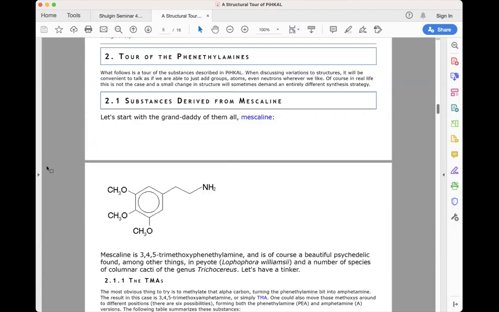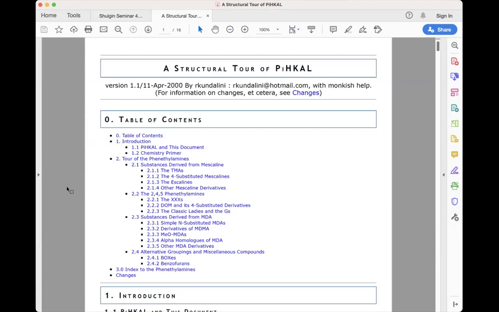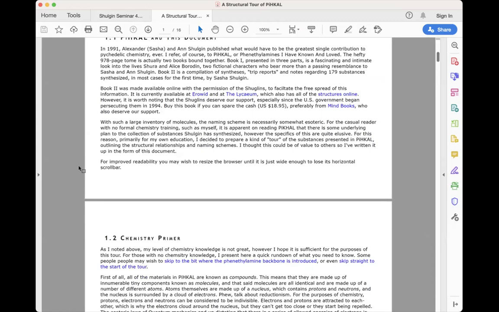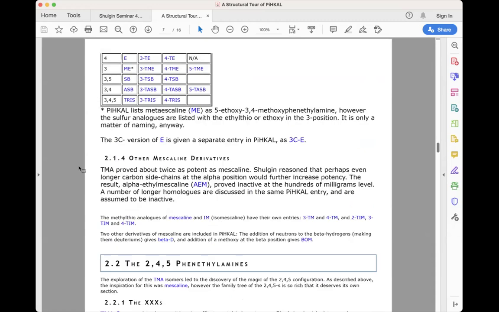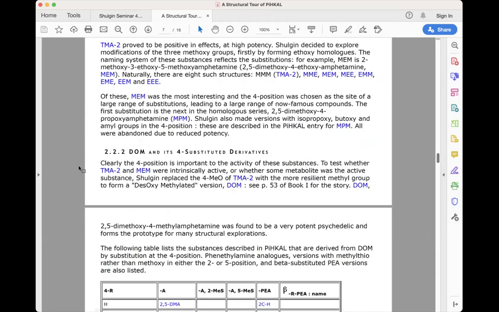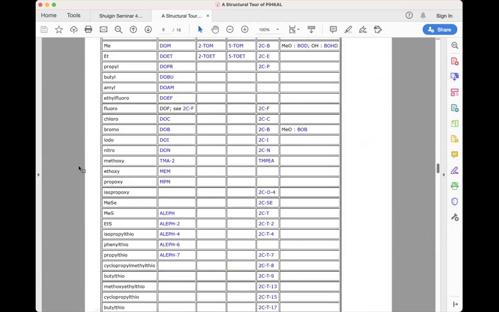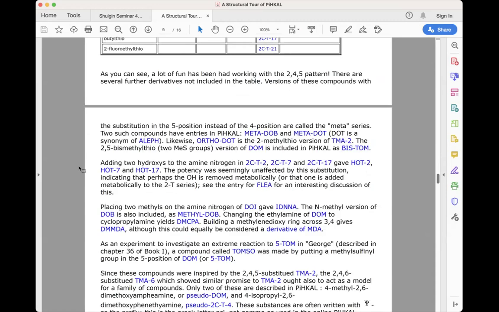But apparently the author of this paper, R. Kundalini, who published this structural tour in the year 2000, derived the structural relations out of the content of PiHKAL itself, not knowing that Shulgin himself did it about 22 years before. So he repeats.